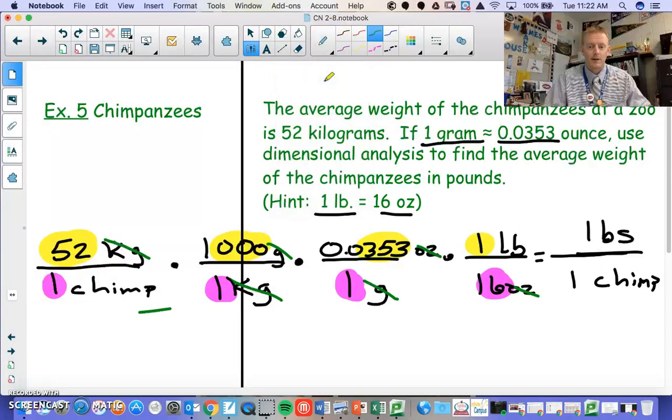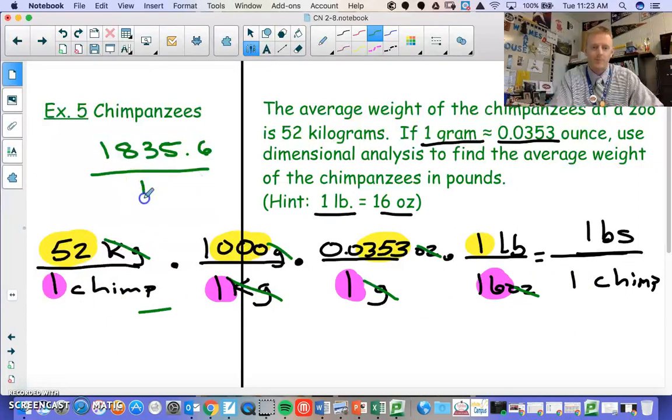So I'm going to take my calculator and I'm going to do 52 times 1,000 times 0.0353 times 1, which is kind of useless, and get a number. Now that number is 1,835.6. And I'm going to multiply the bottoms together, which equals 16.